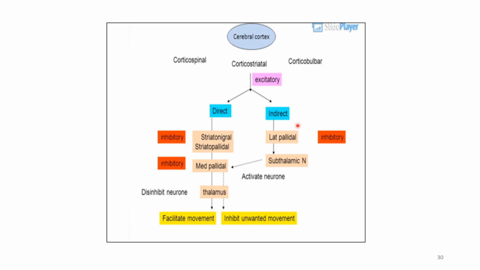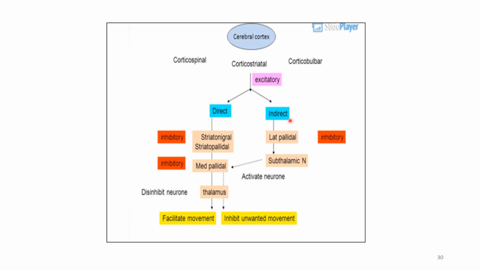So here you can see this is the direct pathway, this is the indirect pathway. The direct pathway will facilitate the movements and the indirect pathway is inhibiting the unwanted movement. So in the direct pathway you have two loops. You have already seen the caudate loop and putamen loop.